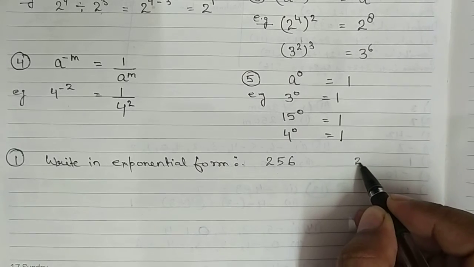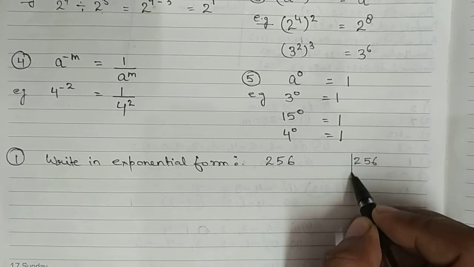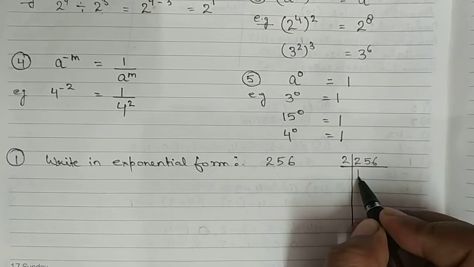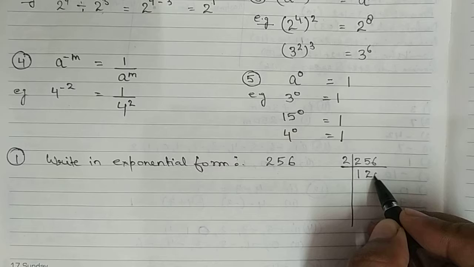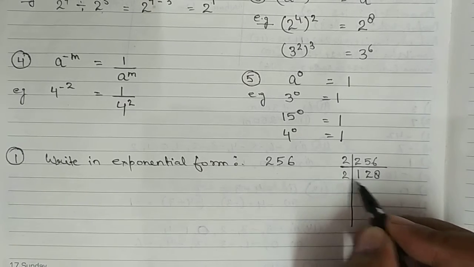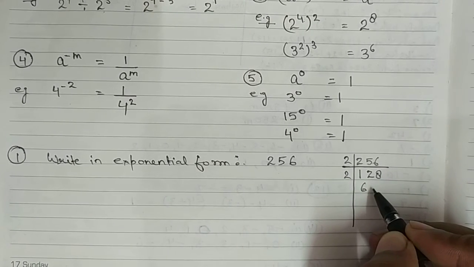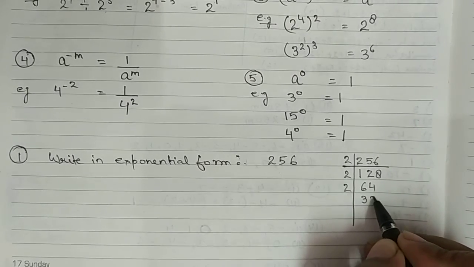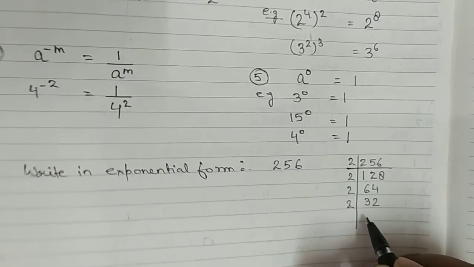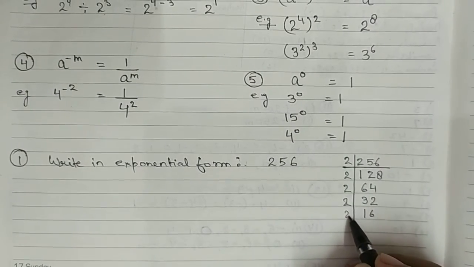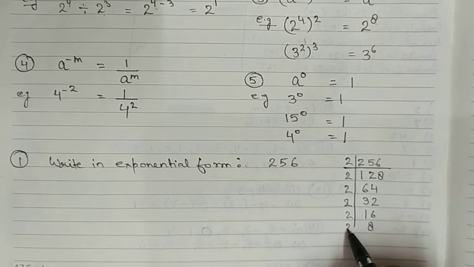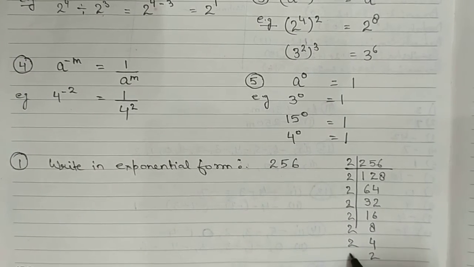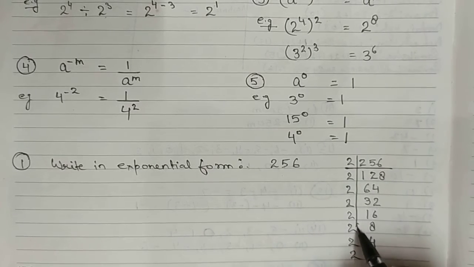See, we have to do the prime factorization of 256. 2 ones are 2, 2 twos are 4, 2 eights are 16, 2 sixes are 12, 2 fours are 8, 2 threes are 6, 2 twos are 4, 2 sixteens are 32, 2 eights are 16, 2 fours are 8, 2 twos are 4, 2 ones are 2.